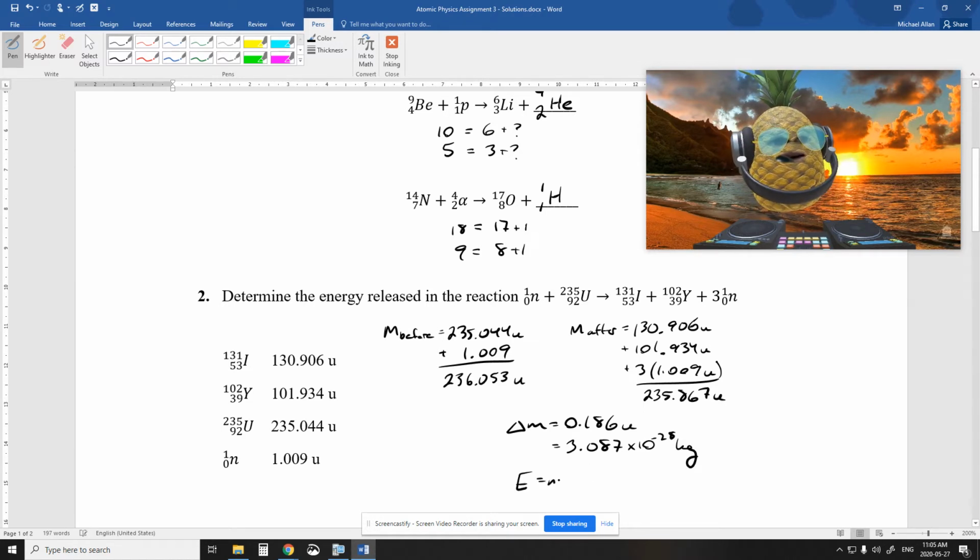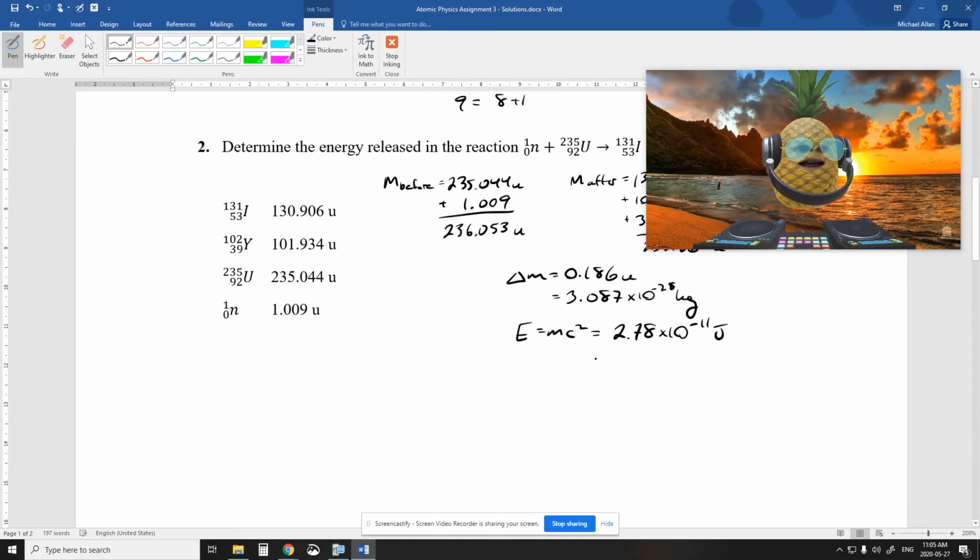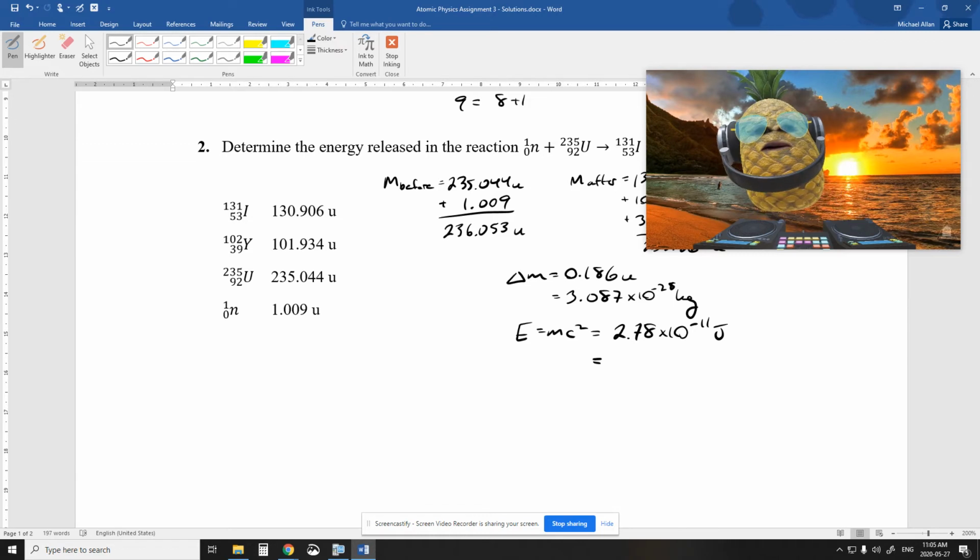And then I'm going to use this formula to find the energy released. 2.78 times 10 to the negative 11 joules. And just because sometimes I like to communicate using electron volts, because it's still a pretty small number of joules here, I'm going to change it to electron volts by dividing by my number here.